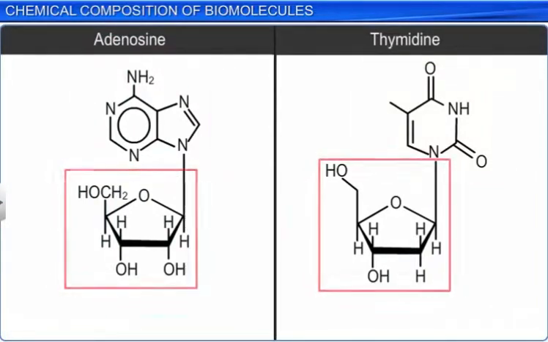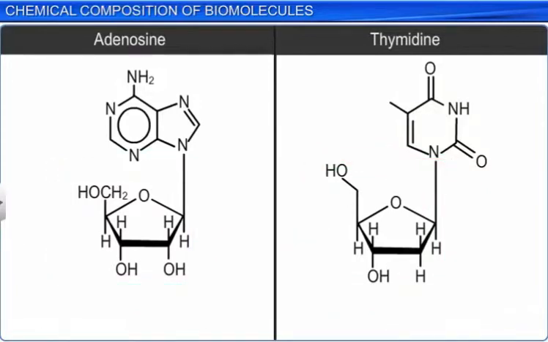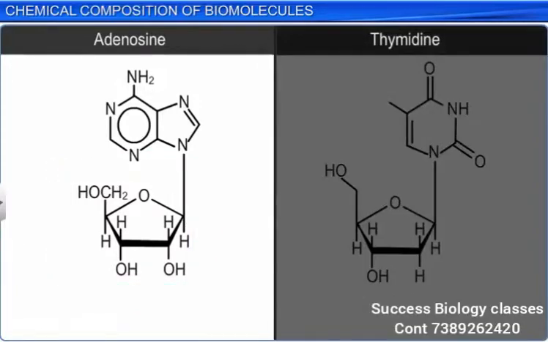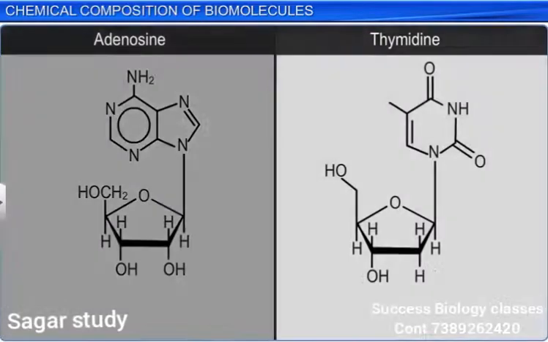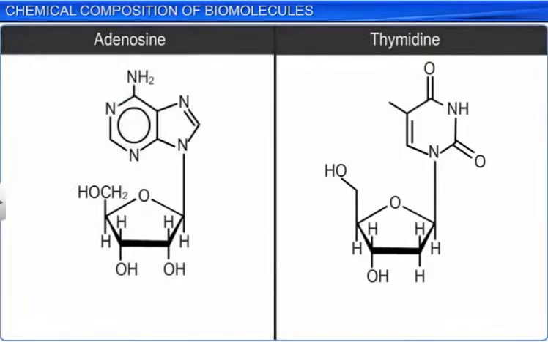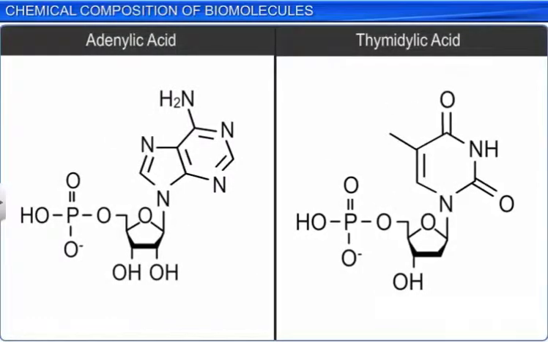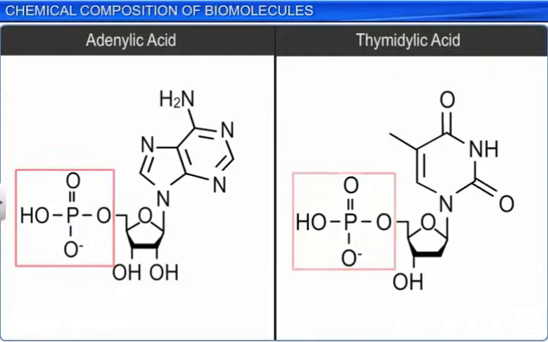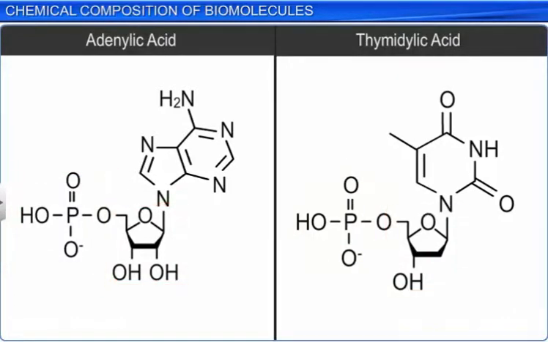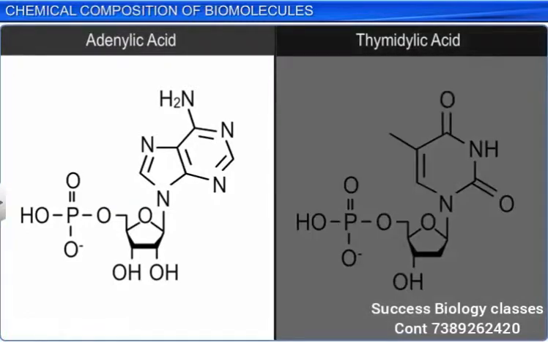For example, adenosine and thymidine. On the other hand, if a phosphate group is also found esterified to a sugar, they are called nucleotides, such as adenylic acid and thymidylic acid.